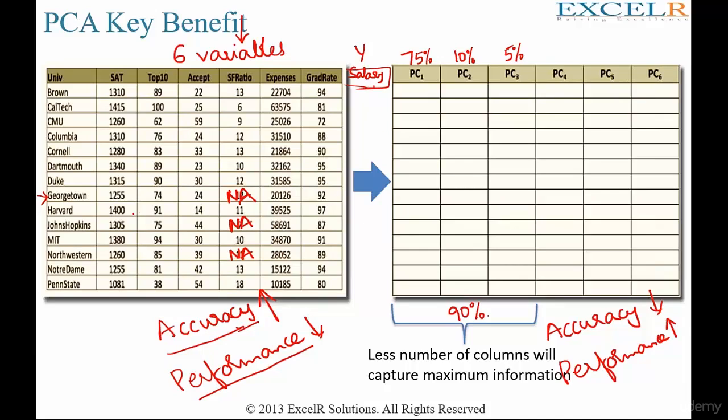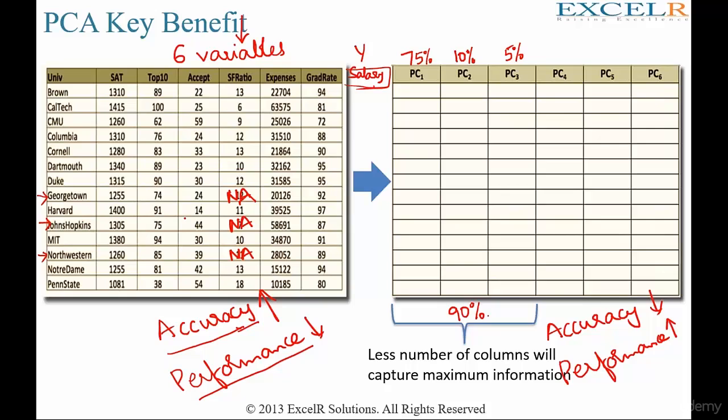When you try to build a regression model, Georgetown, Johns Hopkins, and Northwestern University, these 3 records or rows would get deleted. Why? Because you have NA values. Even if you have NA in one place, the entire record would be ignored, deleted from your prediction model or analysis. So you're losing out 3 critical records.